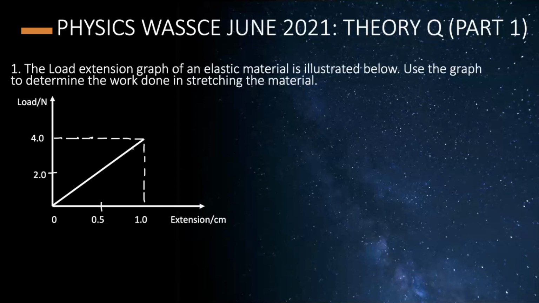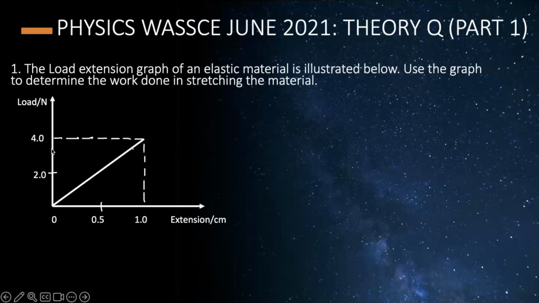How do I know that? You have this straight line describing the work done, and the end point of that straight line on the y-axis is 4 Newton and on the x-axis is 1. Now the difference between 0, where it started, and where it ended, which is 1, gives you the extension. And in this case, 1 minus 0 is 1.